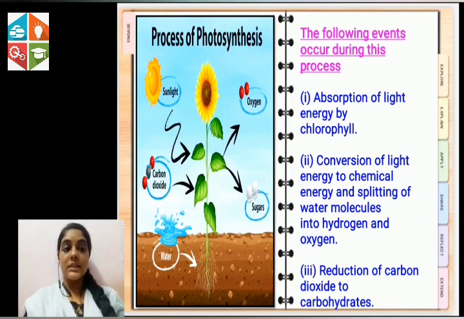The third step is reduction of carbon dioxide into carbohydrates. As I said, sunlight and carbon dioxide play an important role in the photosynthesis process. So carbon dioxide is being reduced to sugar. So in the case of photosynthesis, you get glucose.